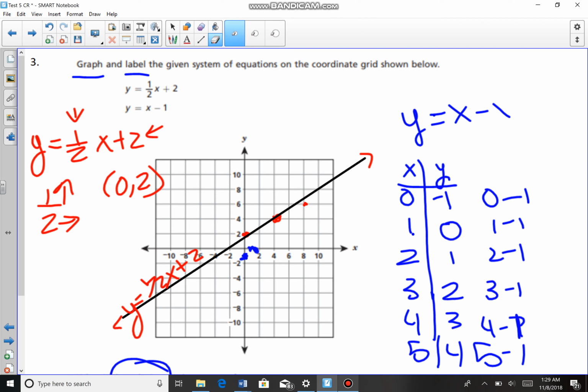We'll fix that and make it a little bit neater. (2, 1) right here, (3, 2) right here, a little bit higher, (4, 3) right over here, (5, 4) right here, and I can go ahead and put my line in for this graph.